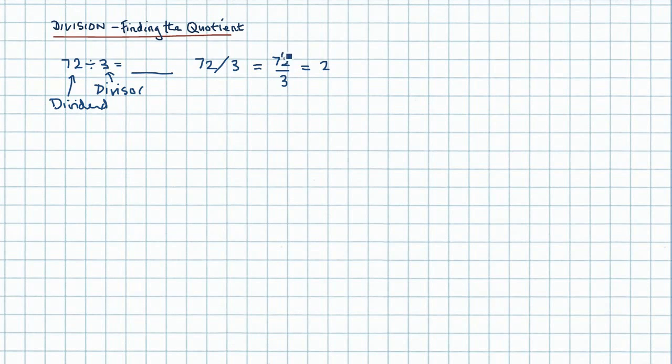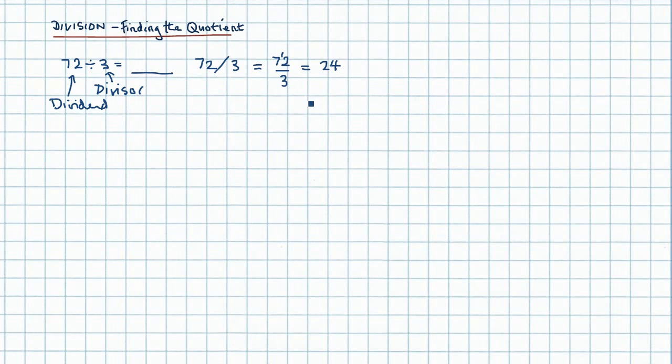So our 10 here is added to our 2, giving us 12. 12 divided by 3 gives us 4. So 12 in 3 equal parts gives us 4. So we've got 24. Okay, pretty straightforward when we've got simple numbers to deal with.